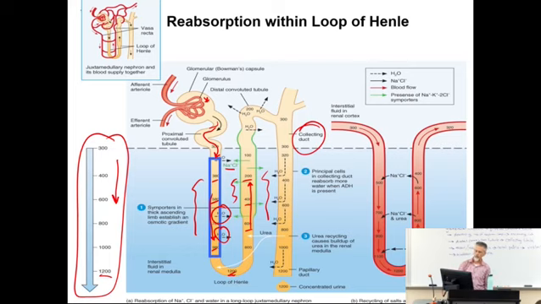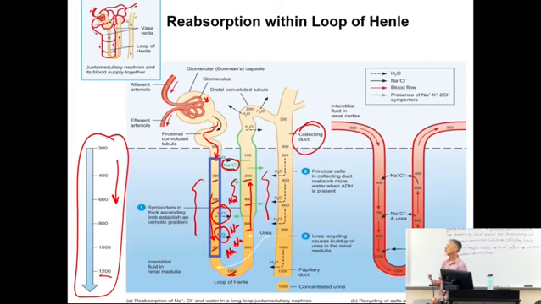So what that means is, right, and sorry, before I move to collecting duct, remember that it's the reabsorption of sodium that's occurring on the ascending part that causes the osmotic reabsorption of water on the descending part, okay? Because we're piling all this sodium out here, it creates an osmotic pressure that draws the water out in the descending part, right?